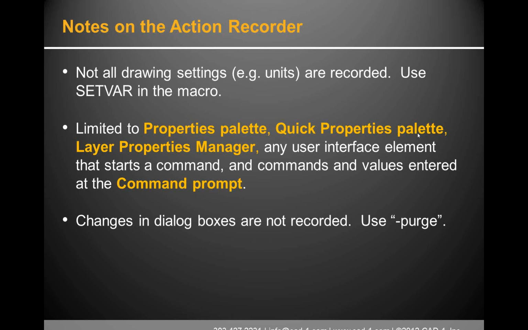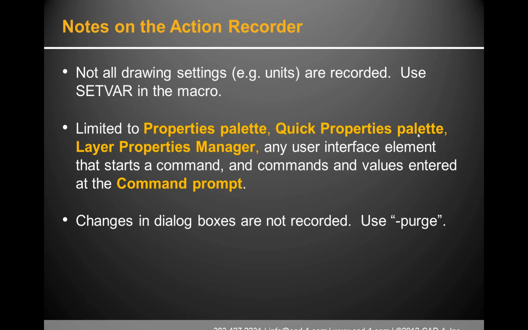So your drawing settings and your system variables essentially will not get recorded. You can build a command into your recorded action, like SETVAR, or you could type the actual system variable and change the setting if you want to set a particular one to a particular on-off state or something like that.